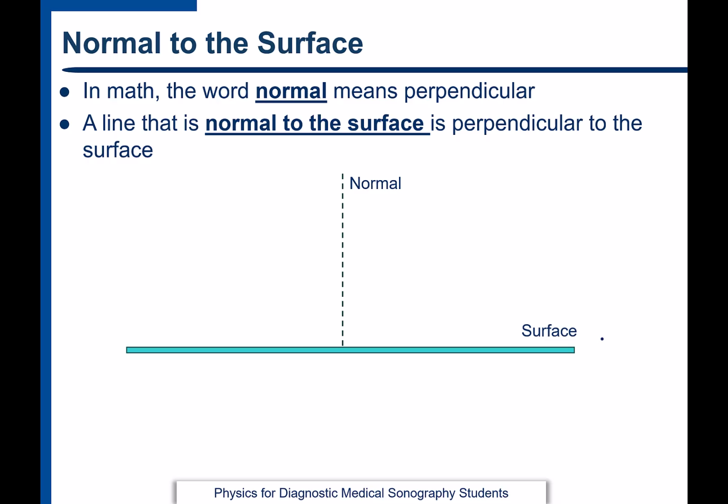But the normal to the surface is simply a line that is perpendicular to the surface. Okay? And you'll notice that nothing is really there. It's an imaginary line. But it's going to be useful for us as we look at both reflection and refraction.